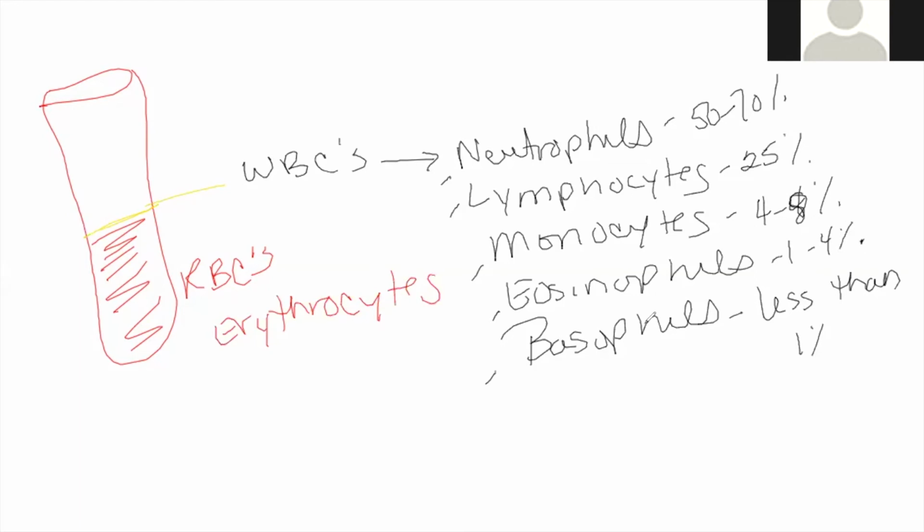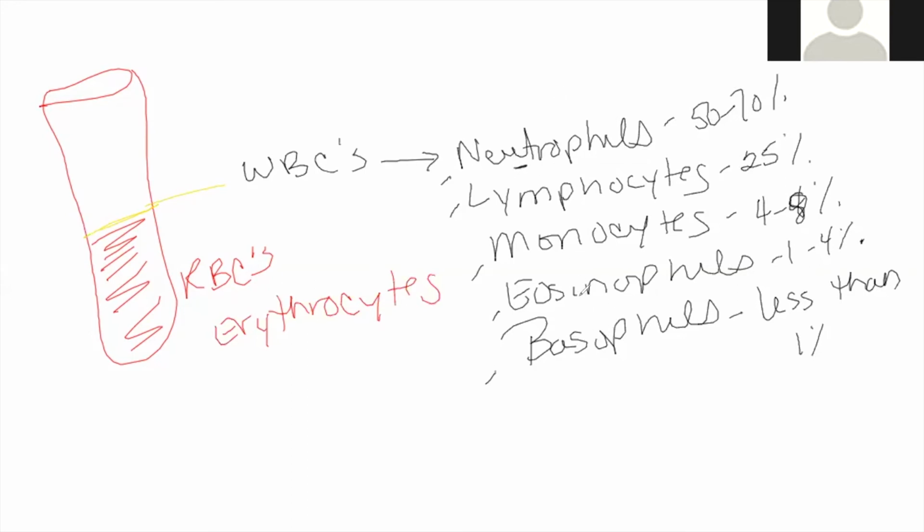So the reference ranges can change from one lab to another, and your book has values within these ranges. The big thing that you understand is that these are our warriors here, these neutrophils. They're going to be first to respond to non-specific foreign substances. And as we work our way down, we see that those percentages change.